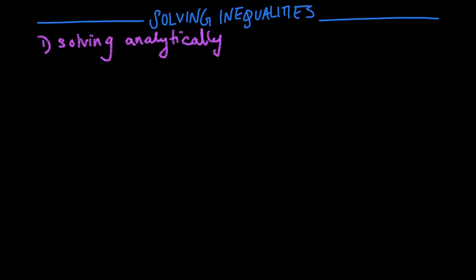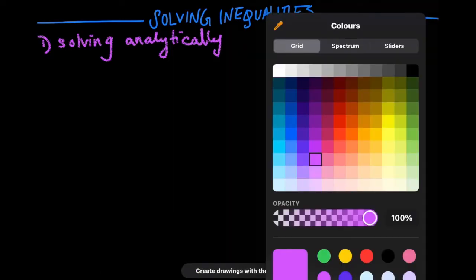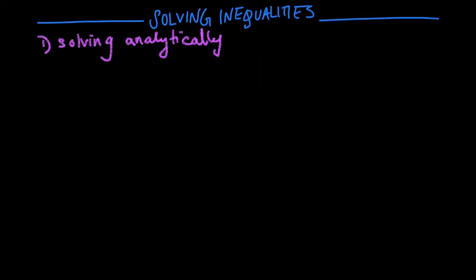In order to solve an inequality, if we're given something like f of x is smaller than or equal to g of x, we can try to simplify it into the form of f of x minus g of x is smaller than or equal to 0. And this could be our quadratic, and we've learned quadratic inequalities before, so we can solve it similar to that. So let's look at an example.